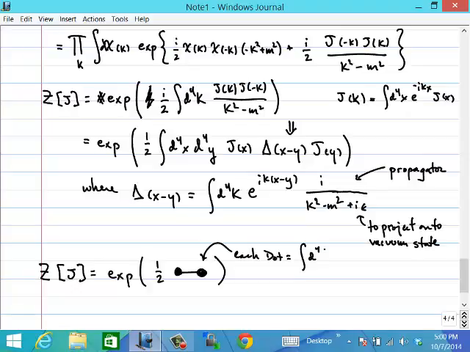So each dot here represents an integral d4x of J of x, and this line represents the propagator D of x minus y.